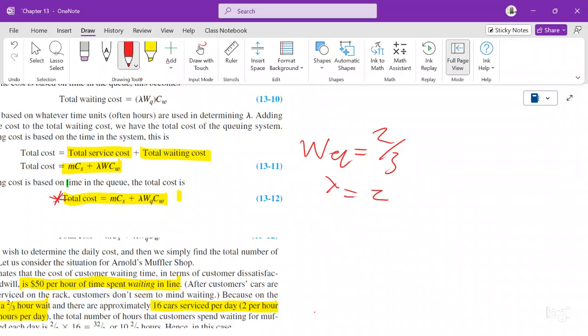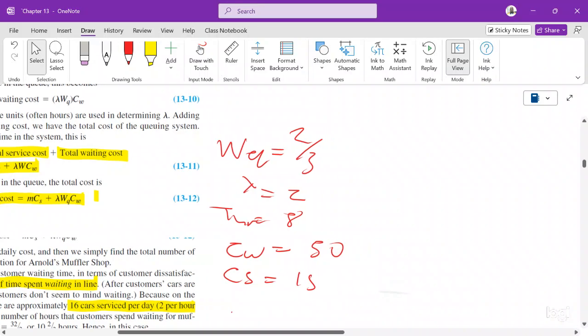And then the total working hours per day, that is 8. The cost of waiting in the queue is 50. The cost spent on service is 15.